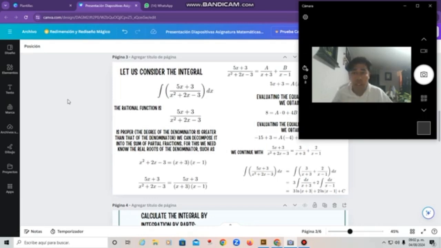The rational function is (5x plus 3) divided by (x squared plus 2x minus 3). We can decompose it into a sum of partial fractions.